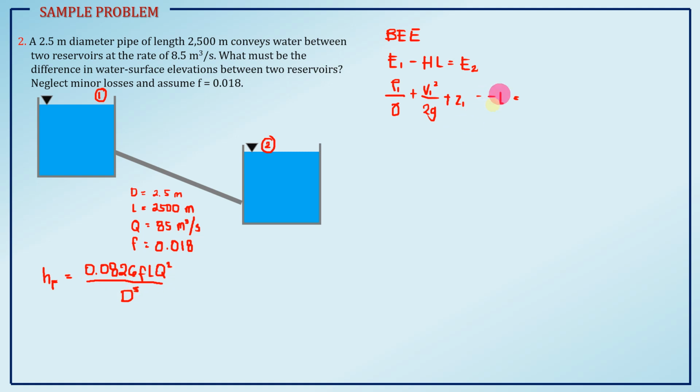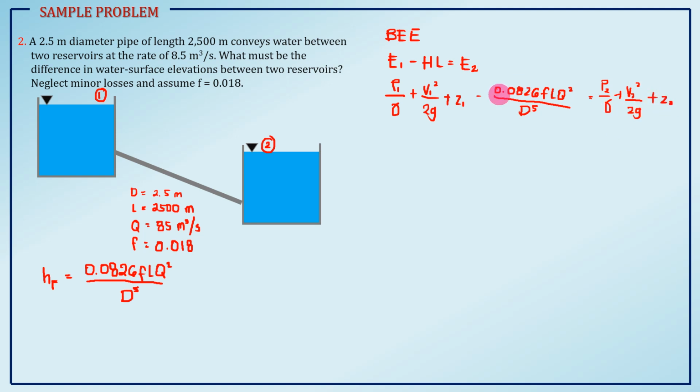Let me substitute here: 0.0826 FL Q squared over D raised to 5, equal to E2. E2 is P2 over gamma plus V2 squared over 2g plus Z2.